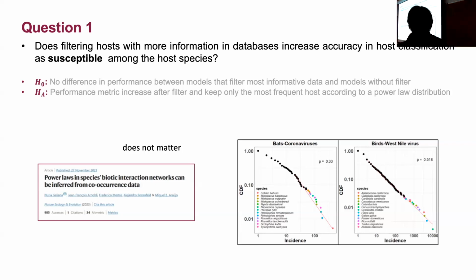Suppose, for example, in this case, you have a bunch of information for one species, and if you remove their information, it still fits. It doesn't matter if you remove some of the interactions here, because you are using just this portion.